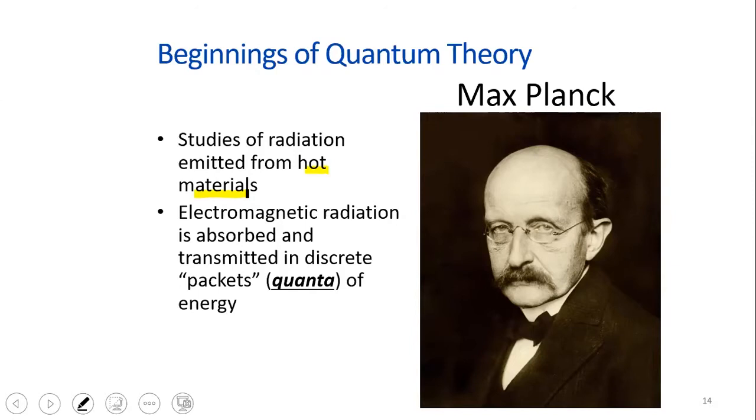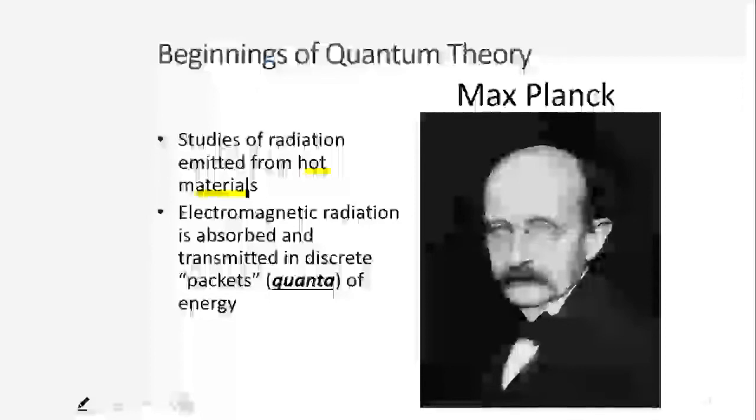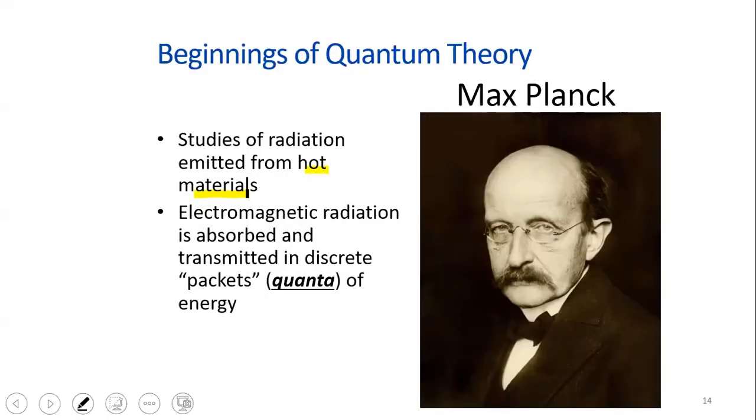And so along came Max Planck, and he proposed that at the atomic level, perhaps these electrons did vibrate, but not over a continuous spectrum of oscillations, but in very discrete positions, all of them products of a single base frequency.